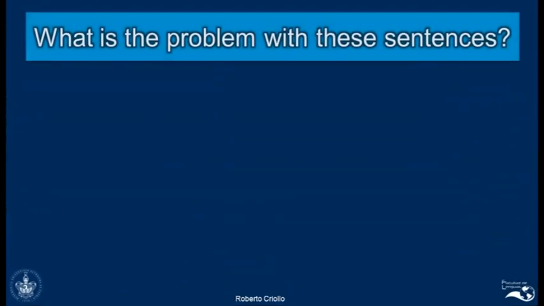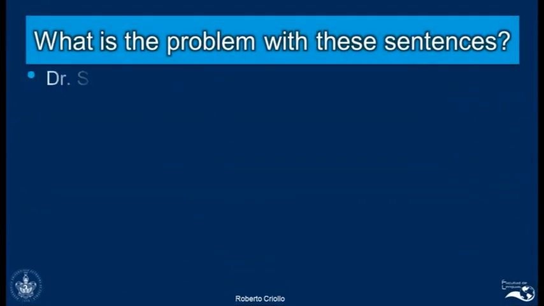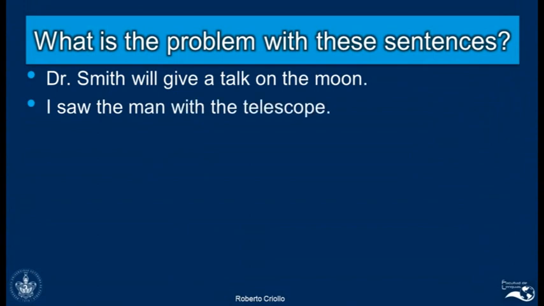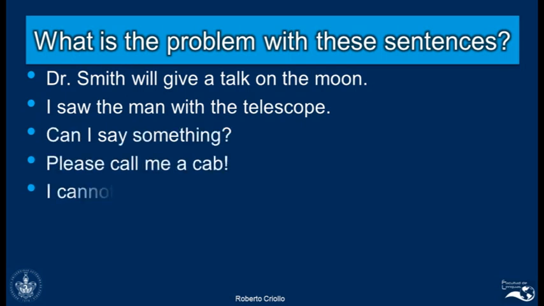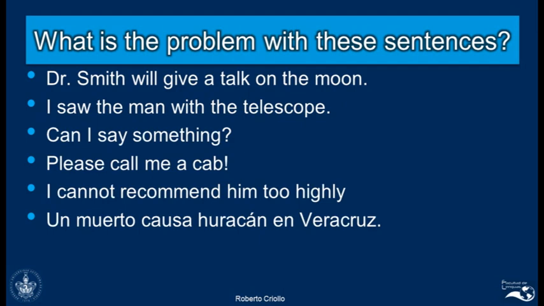A second point worth mentioning is that sometimes the words that will be used within a sentence may have multiple meanings, and this may lead to ambiguity. Here are some examples of some sentences. If we read them carefully, we will see that Dr. Smith will give a talk on the moon can be understood as whether Dr. Smith will give a talk on the topic of the moon, about the moon, or whether he will be on the moon giving a talk.